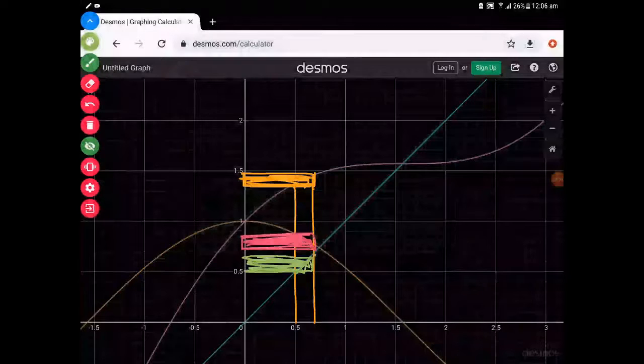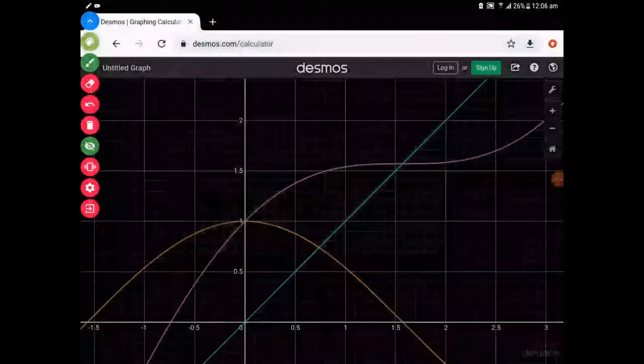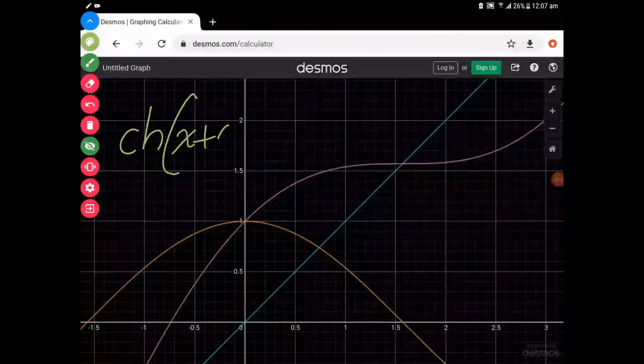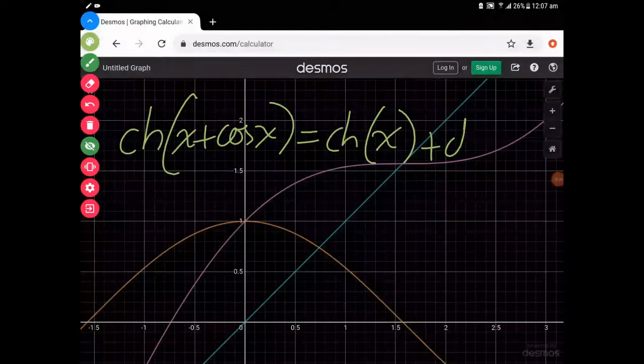So what do you understand? Let me write in other words, CH is my short form, just to make you understand, not an official one. Change in x plus cos x is equal to change in x function plus change in cos x function. Cos x, c with a small c.